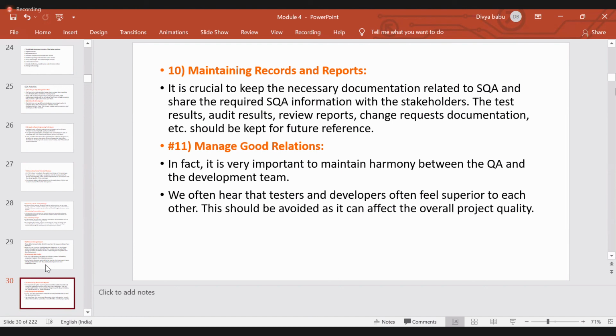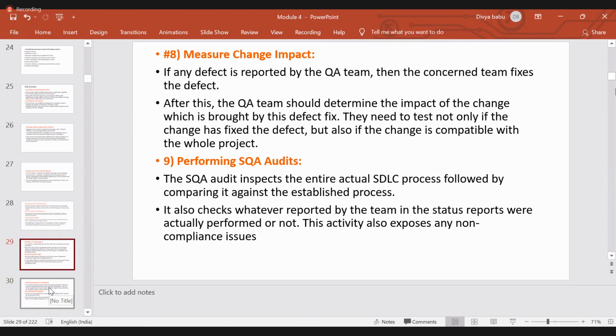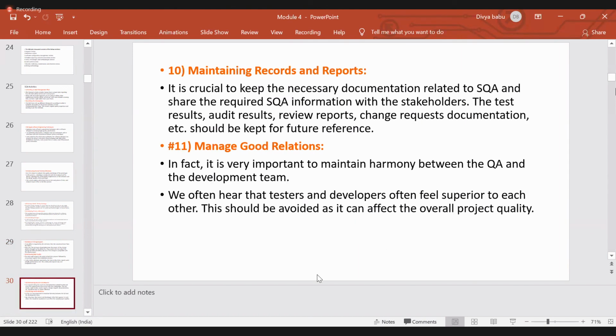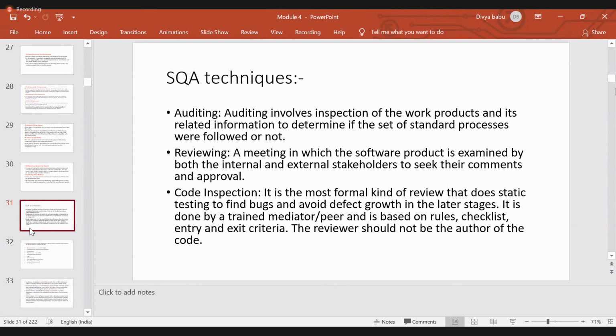So in these 9 points, something you need to remember. The 10th and 11th points are very easy: maintain records and keep good relationships. In the next class, I will discuss SQA techniques.